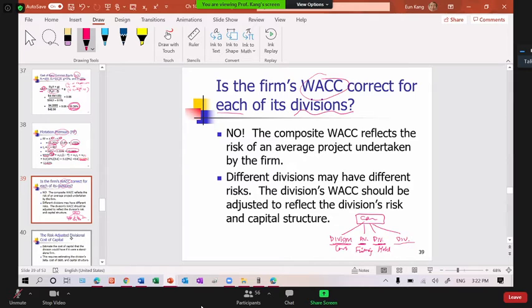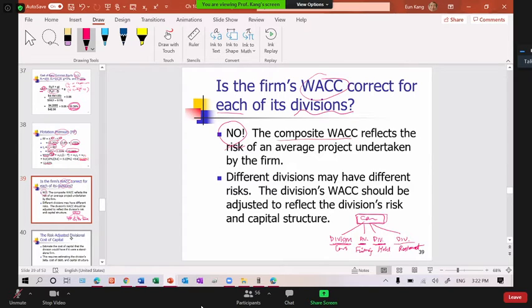Or some division may use restaurant business. They use cars to go to restaurant. Even though it's a car company mainly, the divisions may have totally different business. That's possible, right? Then if you have just one cost of capital for all the divisions, then it may not be fair. So the answer is definitely no.